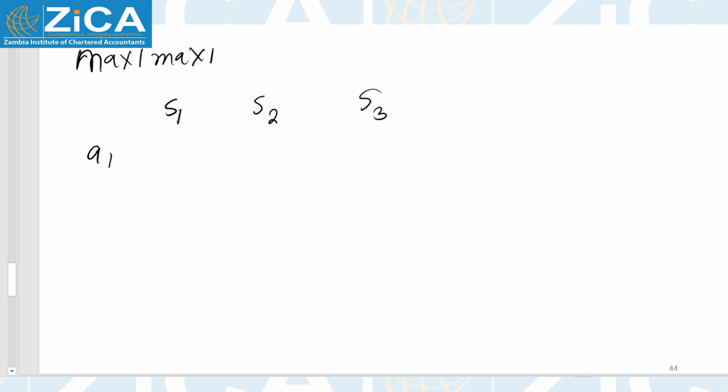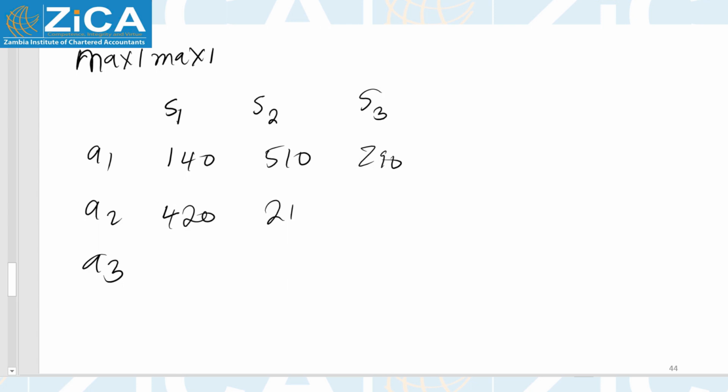We have got A1, A2, A3 as actions. We know A1 is mining. The payoff there was 140, 510, 290. We have A2: 420, 210, and then 250.